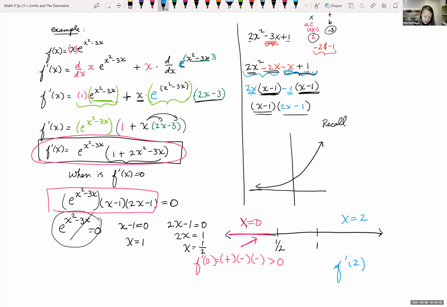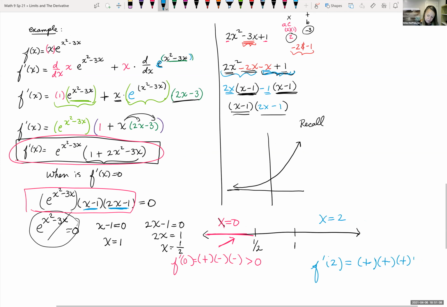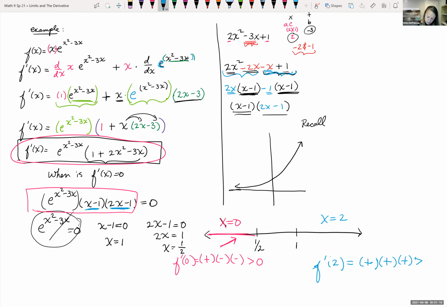So when I plug in 2, that first piece is positive. Plugging 2 into x minus 1 is positive, and plugging 2 into 2x minus 1 is also positive. So that's going to be greater than 0 there.